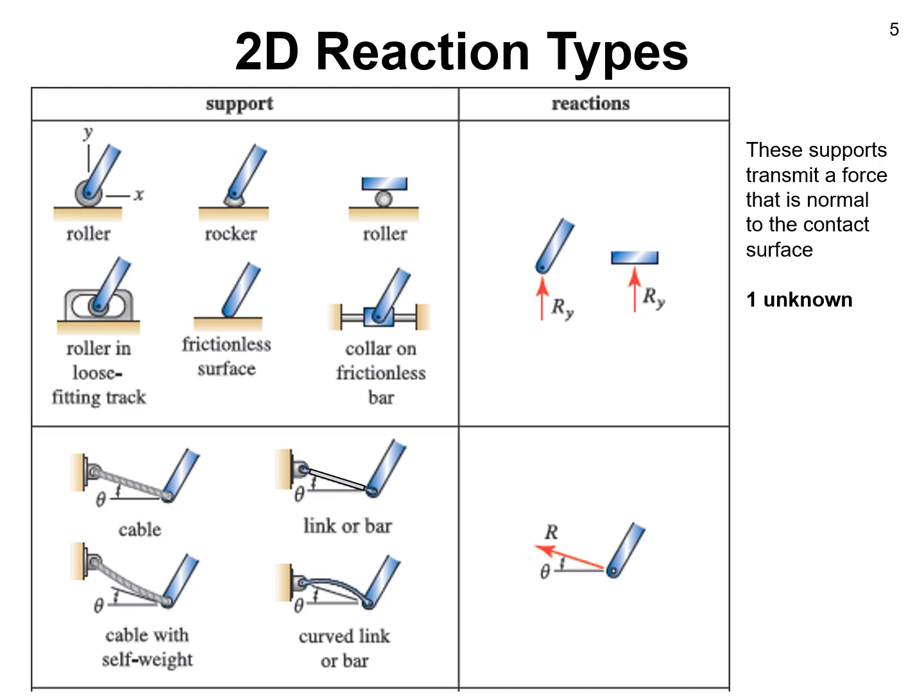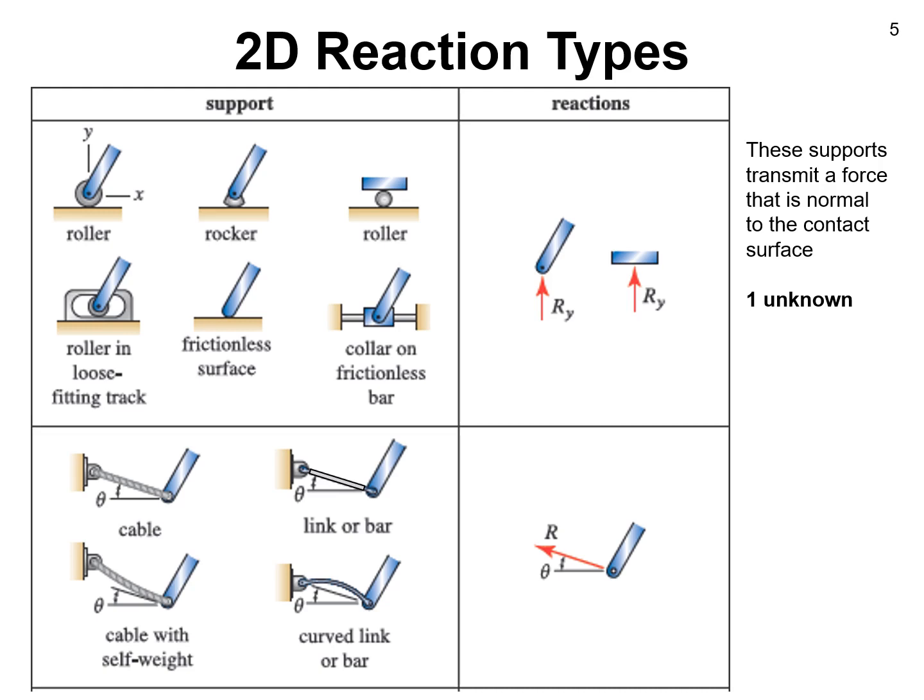The next type discusses cables and links and bars. If we ask ourselves the question, what do they prevent? These objects are meant to be fairly stiff if you pull or push on them, meaning they cannot stretch or contract. So the cable or the bar will prevent a motion that is along their own direction, or in the case of the curved link, it'll prevent a motion that is along the line that connects the two endpoints.